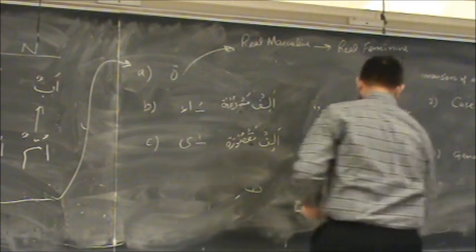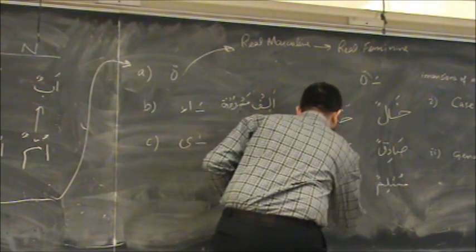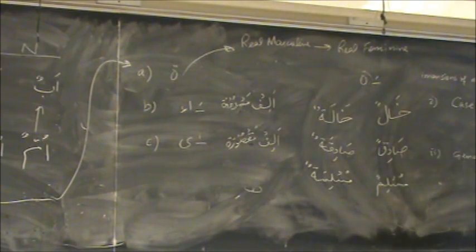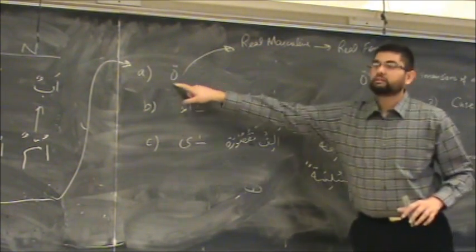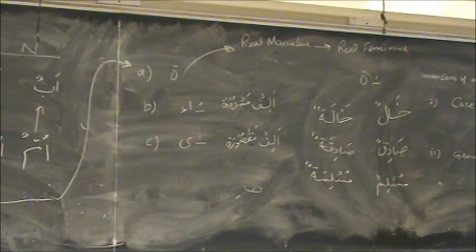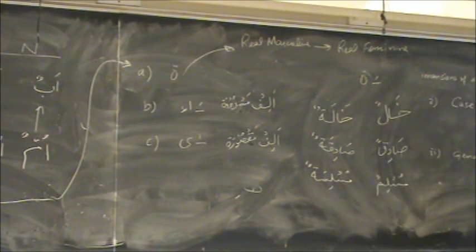How? Muslimatun, right. So not only is this ta marbuta an identification for feminine nouns, it can also be used to transform real masculines into real feminine. But not all will apply this thing.